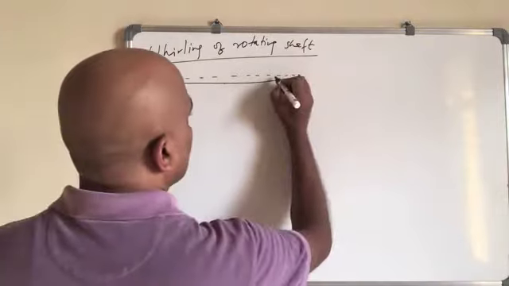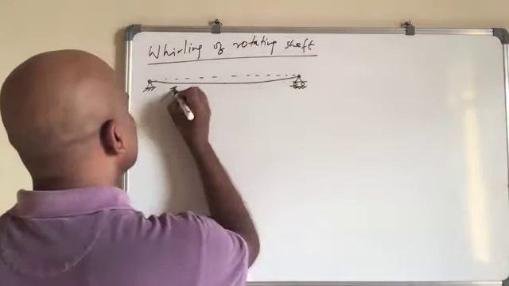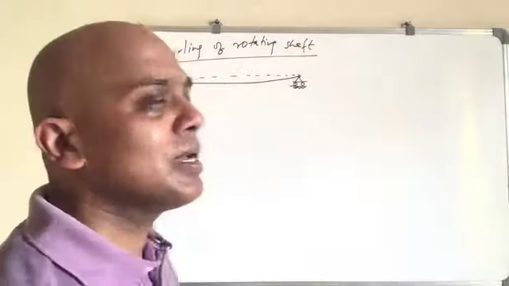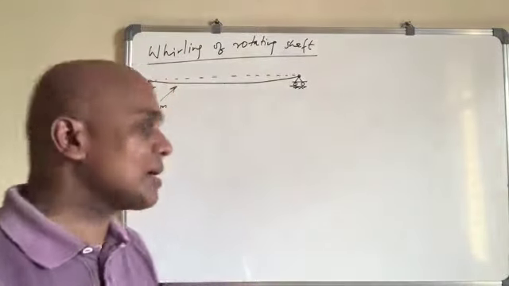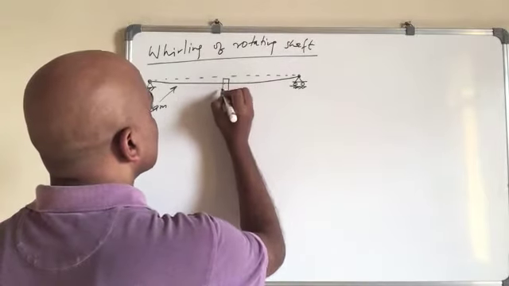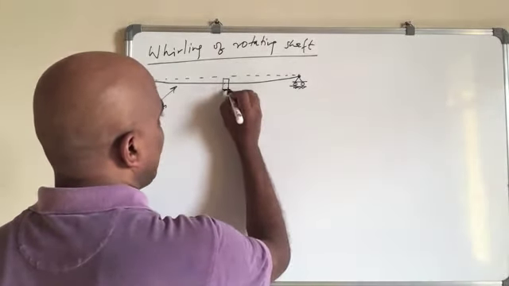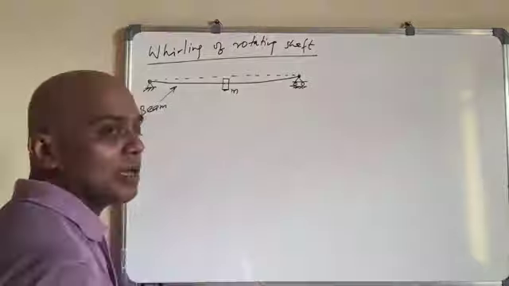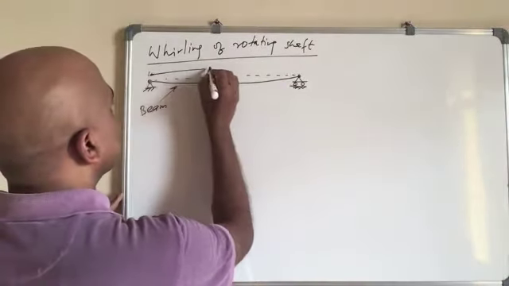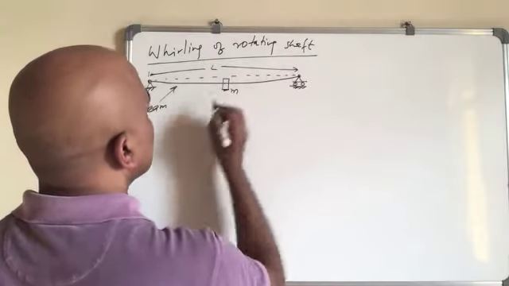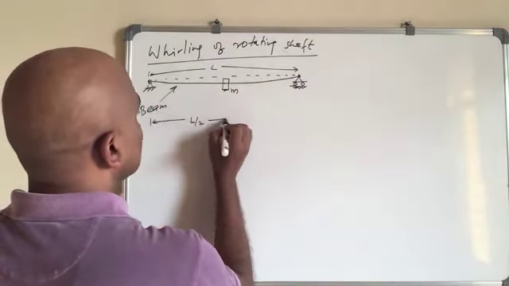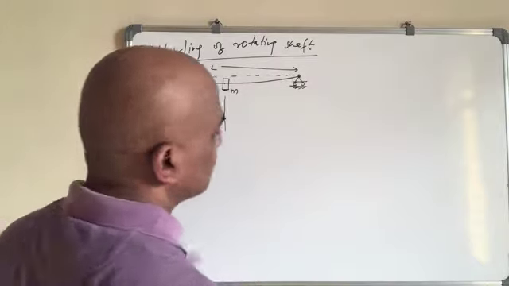So this is a beam, basically. This is the shaft, but in the middle there is some rotor. Some mass M is hanging from here, and the length from here to here is L, so in the middle, at L over 2, you have this one.